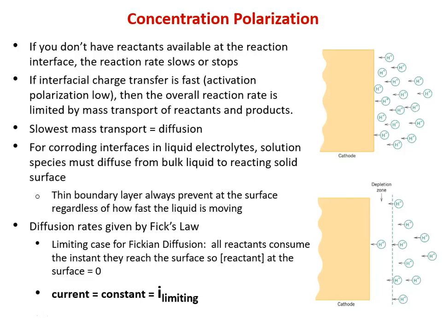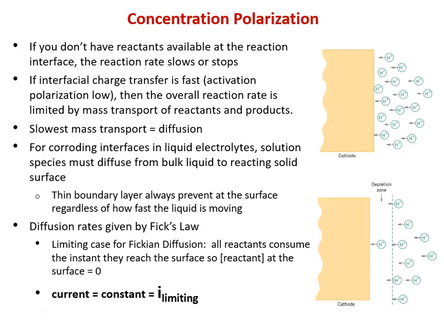And so we can describe the rate of reacting species transport by Fick's law, just like we did for case hardening. And because these are charged species diffusing, we can assign a current, because a movement of any kind of charged species can be described as charge per unit time, and that's a current.